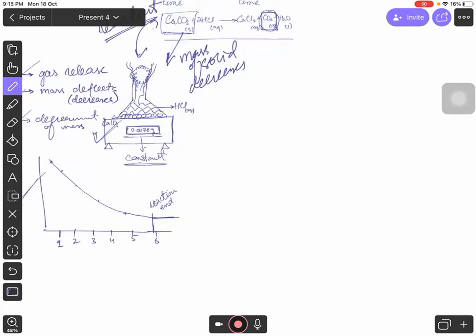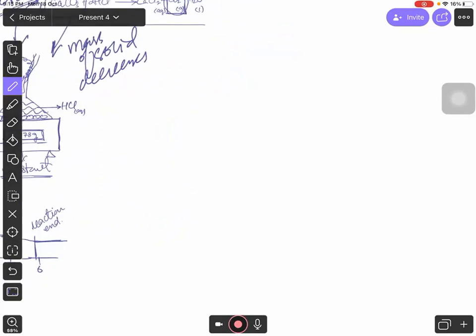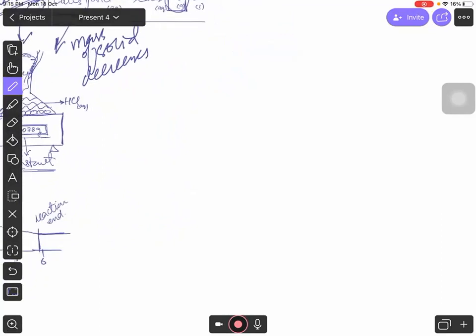Now we can check the production as well like this. For example, I have a beaker, or you can say that I have a conical flask. I connect this conical flask with a gas syringe, right? This is the gas syringe. I connected this with the gas syringe, and we know that gas syringe is graduated, so we have marks over here, right?